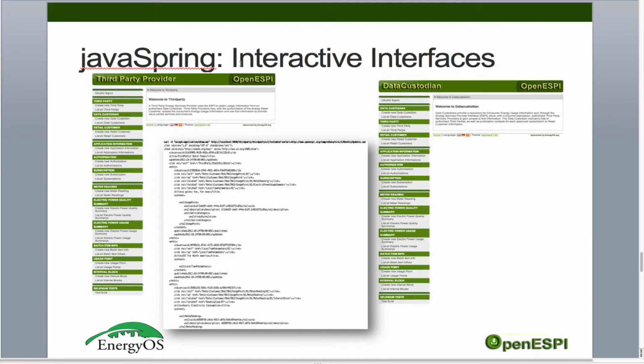The JavaSpring implementation has interactive interfaces. It's a model view controller implementation. It gives you third-party as well as data custodian management interfaces. And in the middle here, you'll see a parsing of the data flow going all the way from a Download My Data file coming through the data custodian, through the third party, and back out to, in this case, a command line stream.